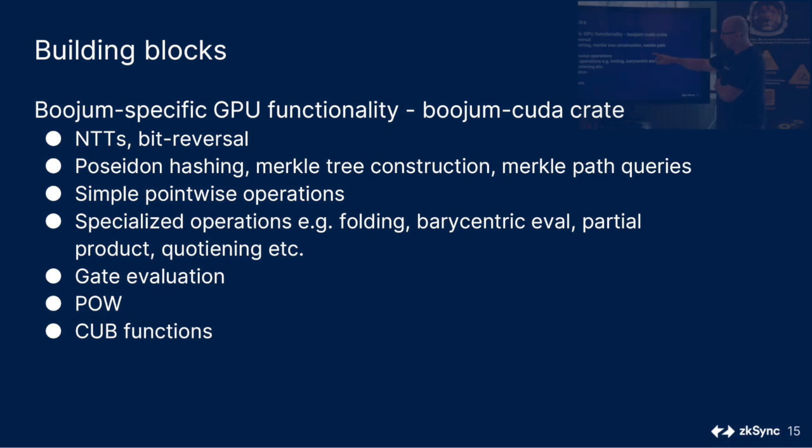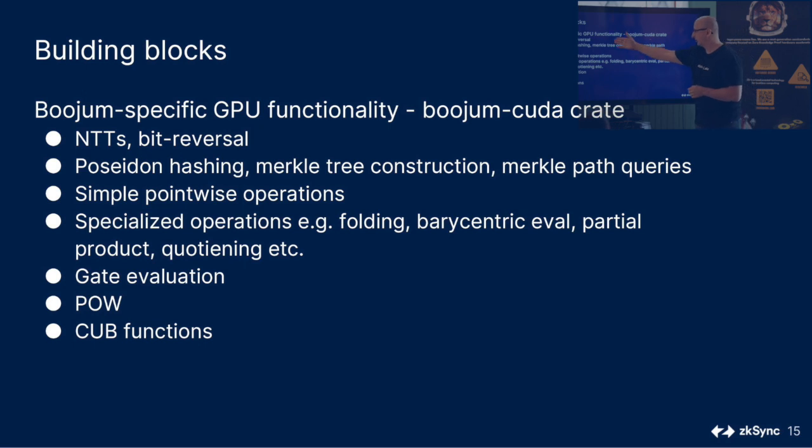So the goal with this whole CUDA-sys and Boojum CUDA crate was to have the bare minimum of CUDA code or C code, so every higher level logic lives in the Rust part. The Boojum CUDA crate has a CUDA part and a Rust part, and all the kernels live in the CUDA part, but all the rest lives in the Rust part.